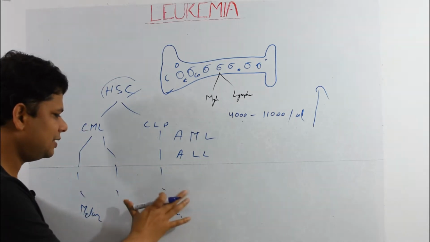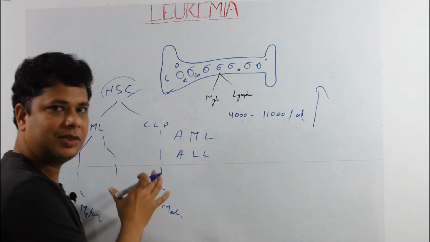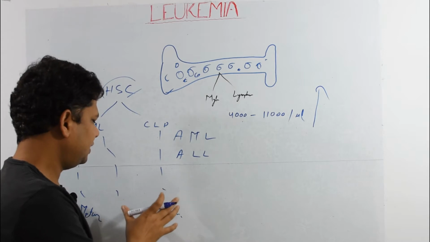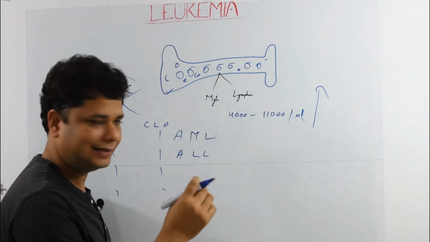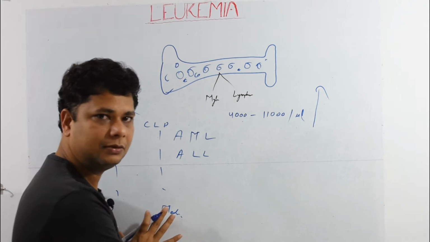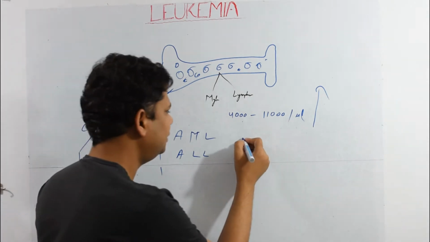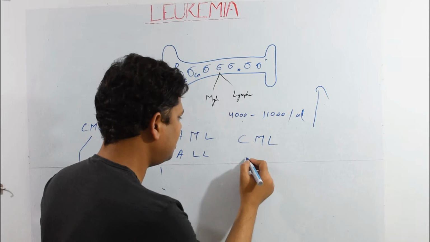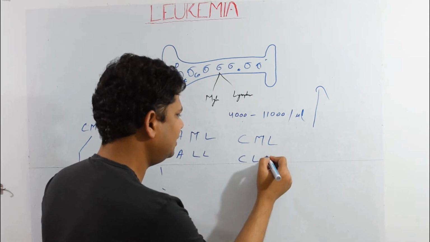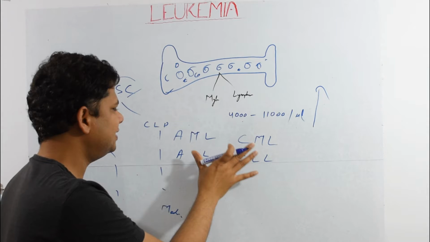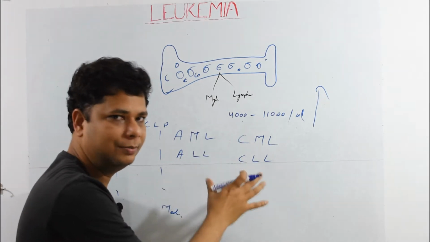If that happens in the later stage, those cells are a little more mature, and they will grow much less. Those kinds of leukemia are called chronic, either chronic myeloid leukemia or chronic lymphoid leukemia. So these are the basic differences between kinds of leukemia.